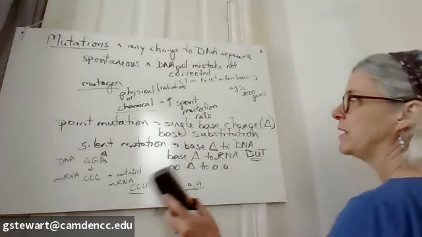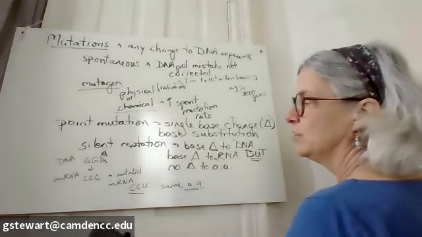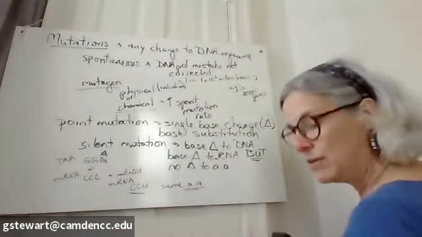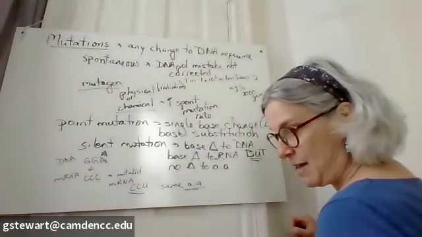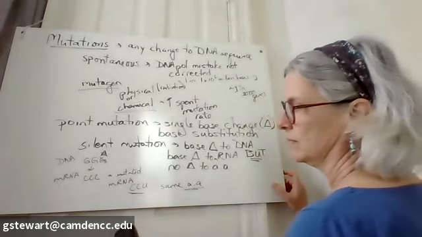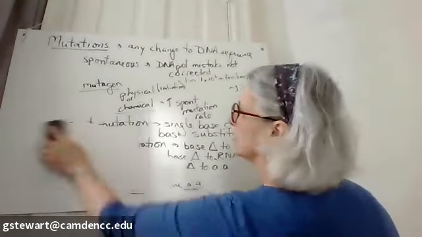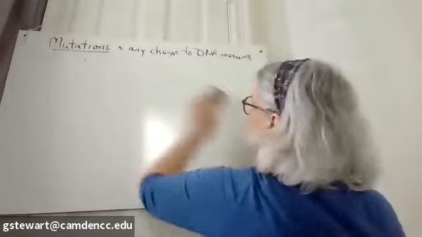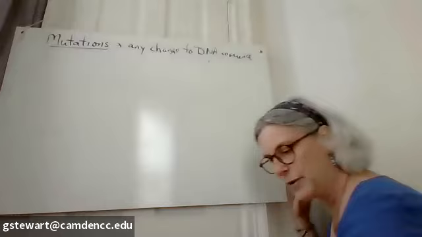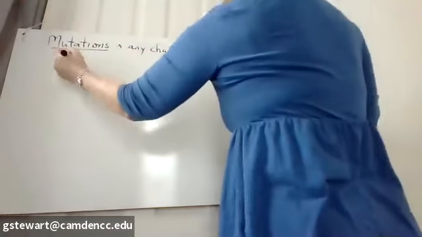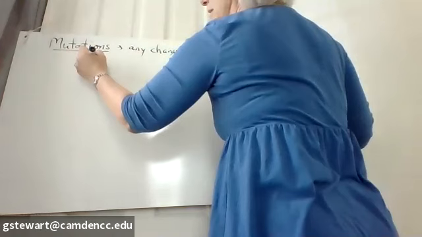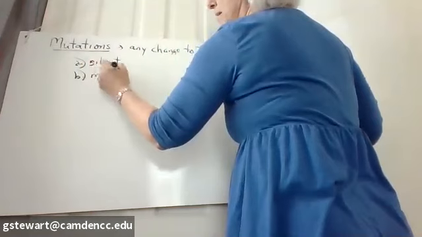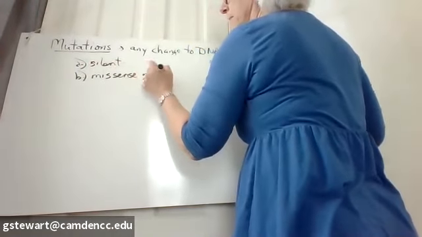Now, if there's a base substitution that is going to cause a change to the message that changes the amino acid, then we refer to that as a missense mutation. So I'm going to erase this, and I'm going to erase all of this. I need more space for the frame shift. So the second sort of category, the first one is silent, the second sort of category is what we call a missense mutation.